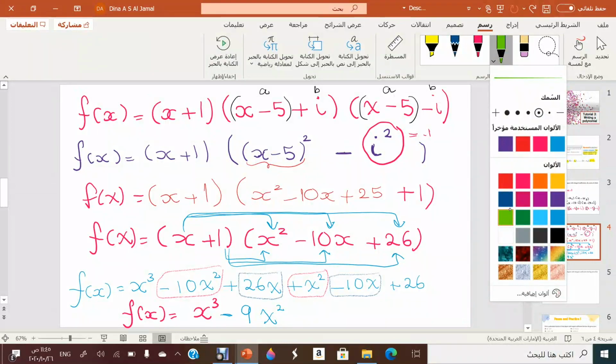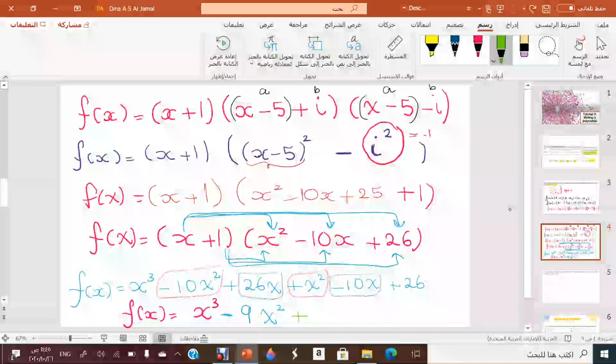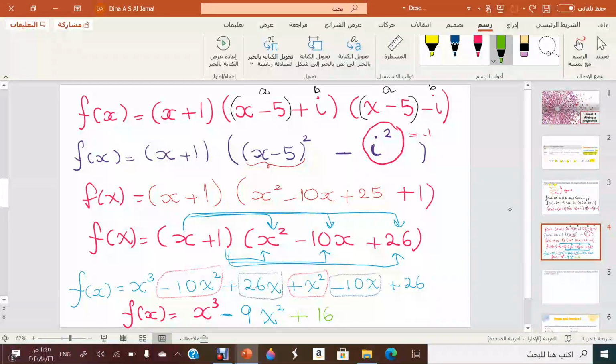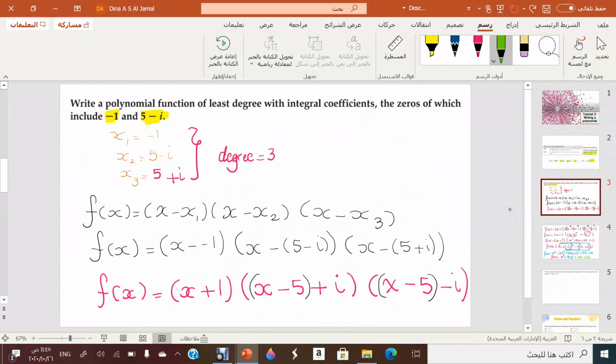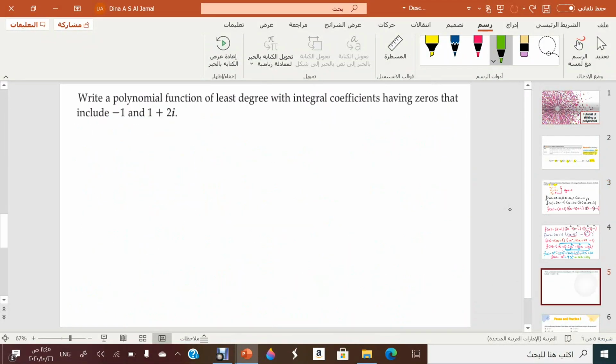Then it will be plus 16. Now are you having other like terms here? Check please. So no. So you will leave the variable and the other number without any like terms. Always do not write the final answer until you check all the like terms. And this is the whole idea of how you can write a polynomial with given roots.